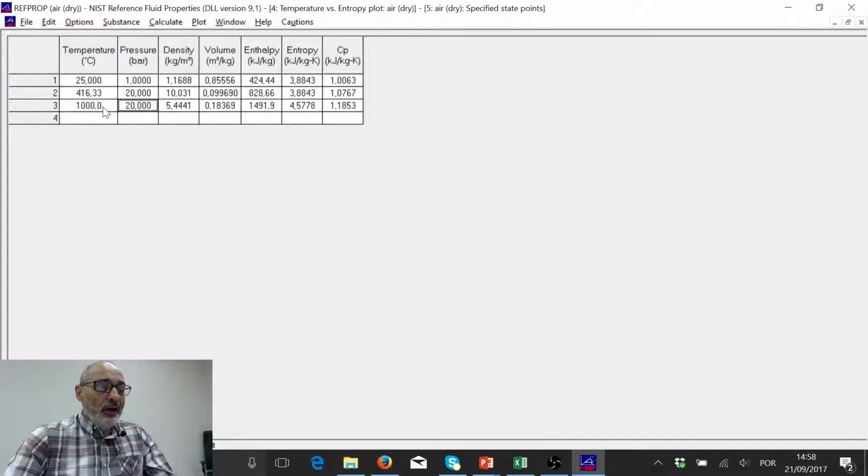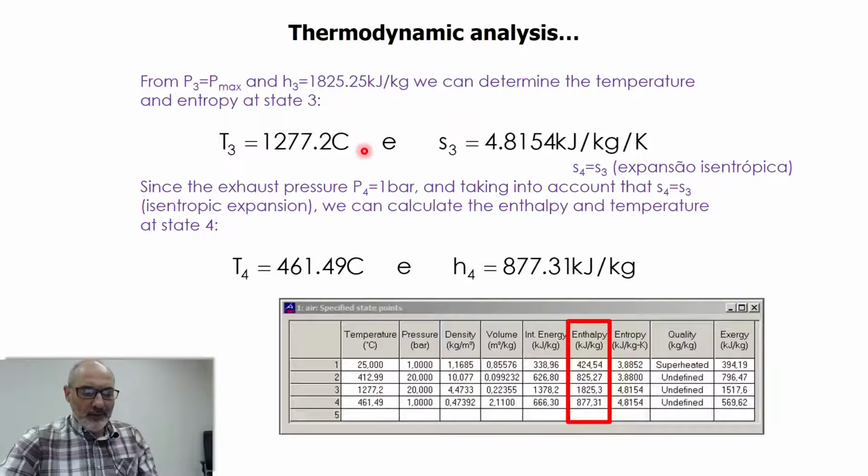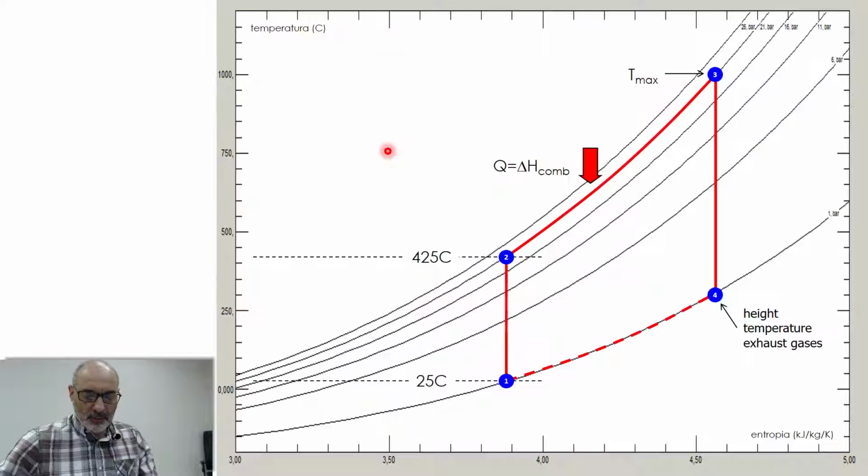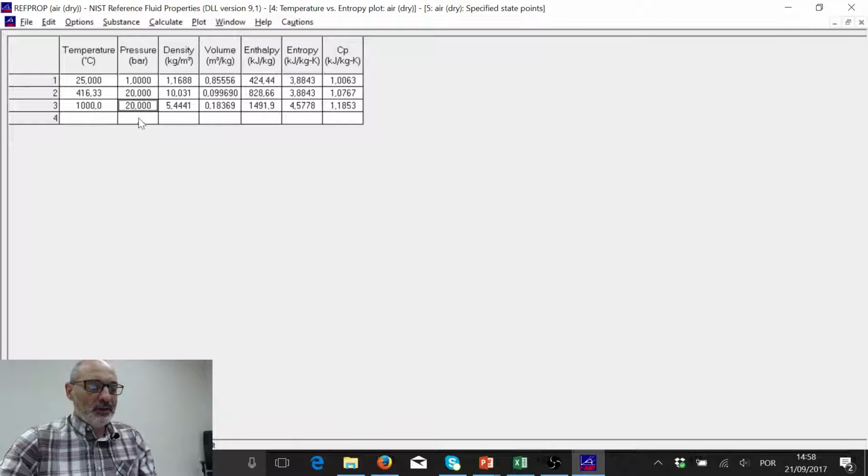So we are at point 3: maximum temperature, maximum pressure. Then we're going to expand isentropically to the atmospheric pressure. So the pressure here is going to be 1 bar, and the process is isentropic, so the entropy is not going to change.